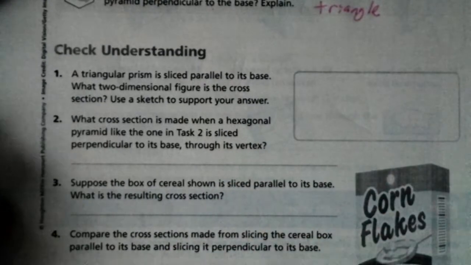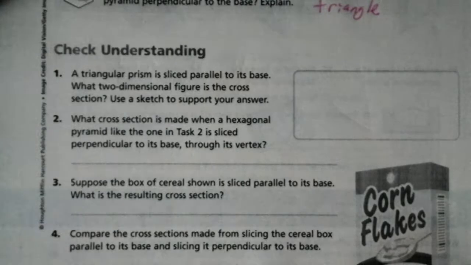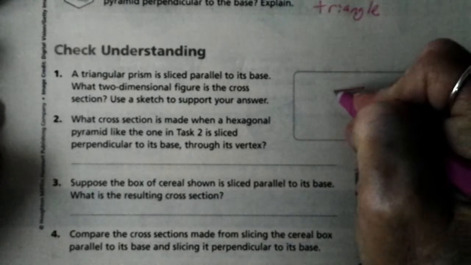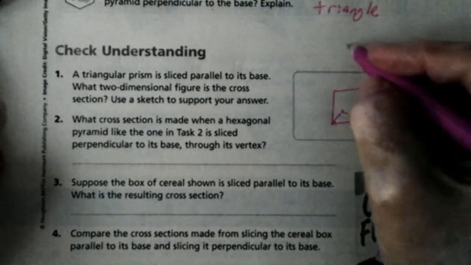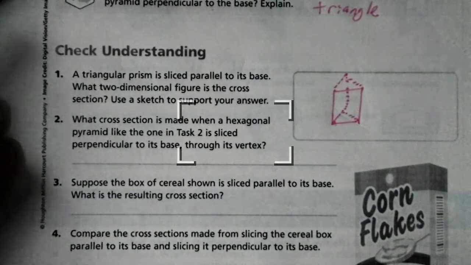So, check understanding. This one should be pretty easy. And then the on your own is real easy, guys. So it says a triangular prism is sliced parallel. Okay, so here's my triangular prism. Let's see if I can draw it. Not bad, huh?